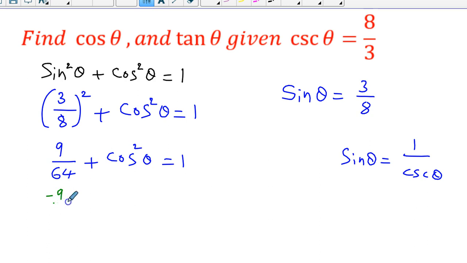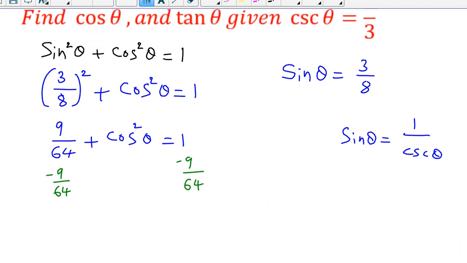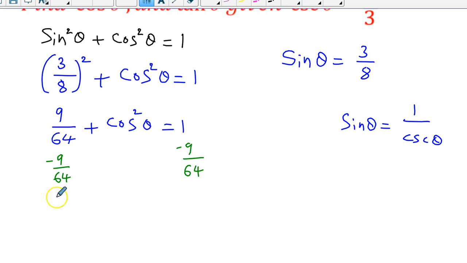I'll take away 9/64 on the left hand side. So do the same thing on the right hand side. Subtract 9 divided by 64, subtracting the same quantity on both sides. So what happens now? It cancels out. This is gone.